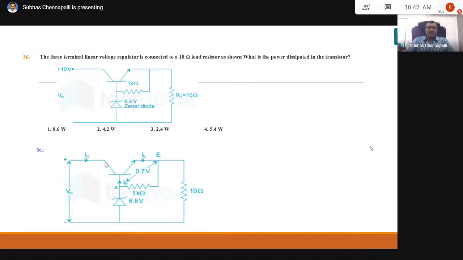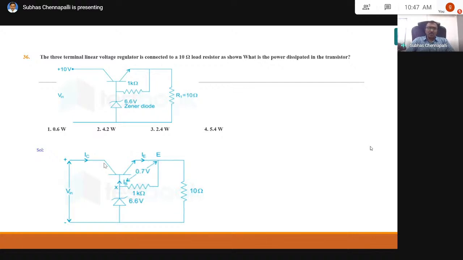This is emitter, this is collector, this is base. Base to emitter is 0.7 volts. Then it is given 1 kilo ohm, output voltage is 6.6, this is 10 ohms. The current flowing through the collector is IC, the current flowing out through the emitter is IE, and this current going to the base is IB.